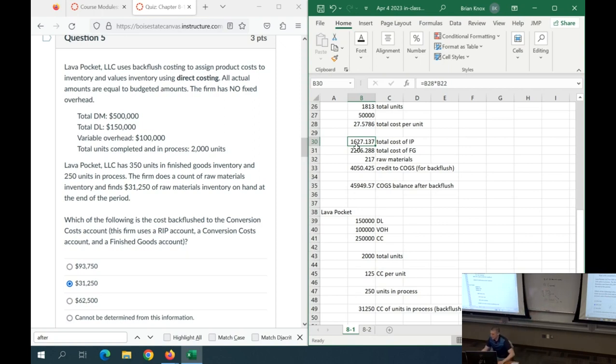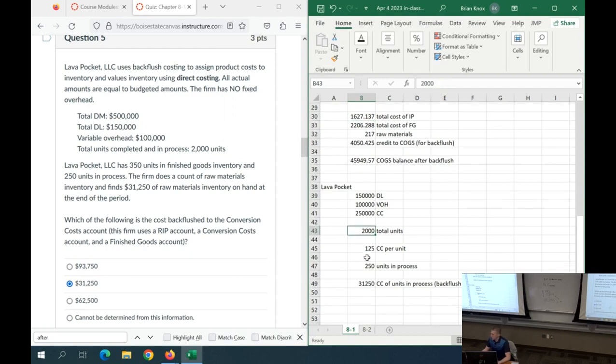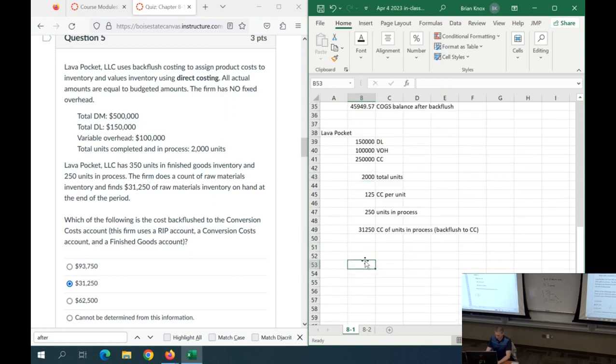So RIP has two parts, the raw part and the in process part. So 500,000 would be DM cost. We can take that 500,000, divide it by the total units, same as before, and now we have DM cost per unit, or unit DM cost.